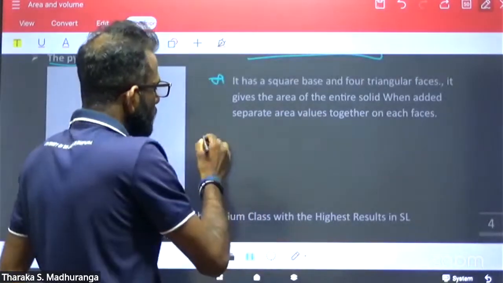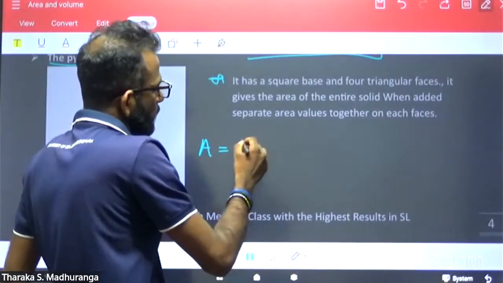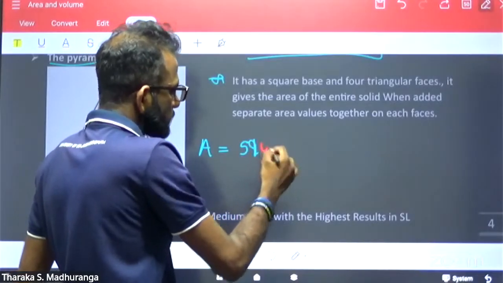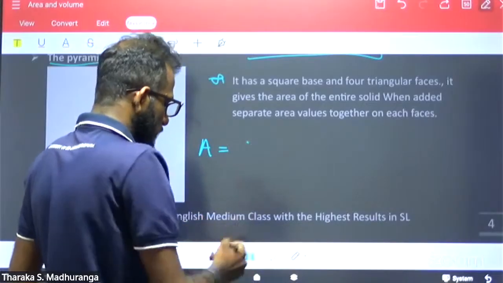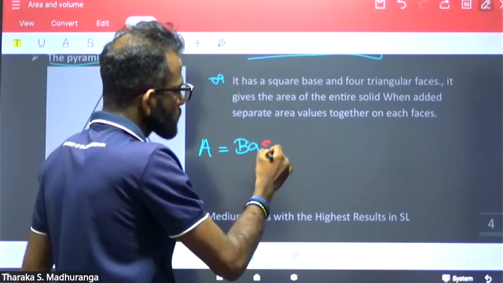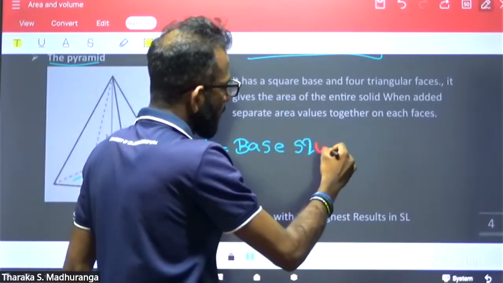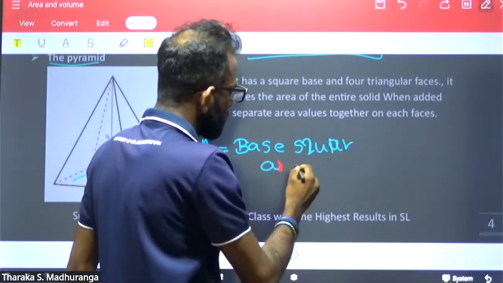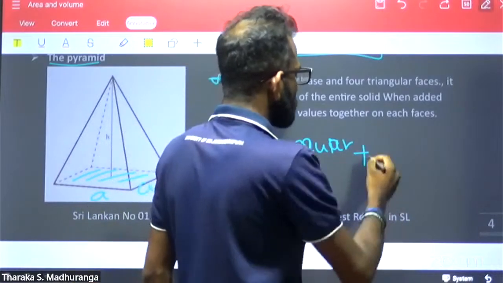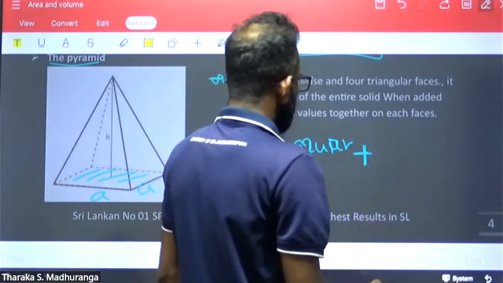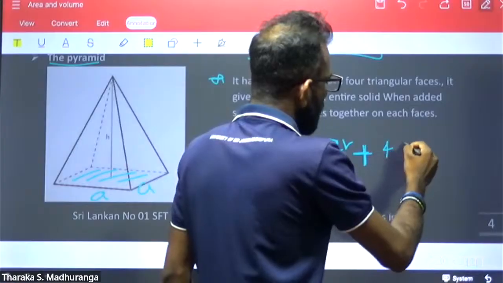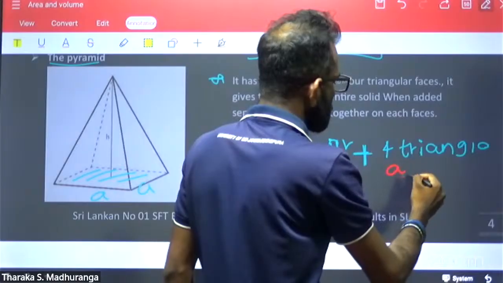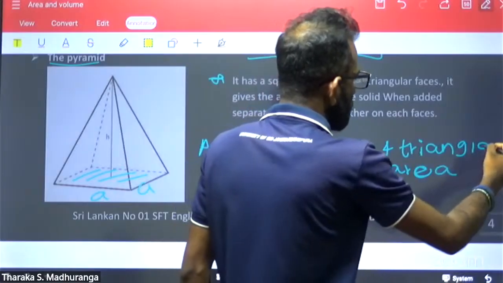Then write down the area equals base square area plus 4 triangle areas.